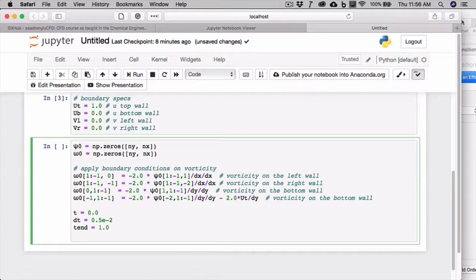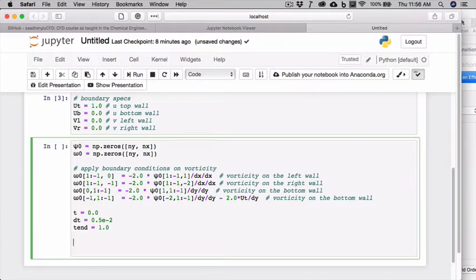1.0. Now, for the successive over relaxation solver, I'm going to specify a tolerance of 1 e to the minus 3. So stop iterating when the difference between two iterations is less than 10 to the minus 3.